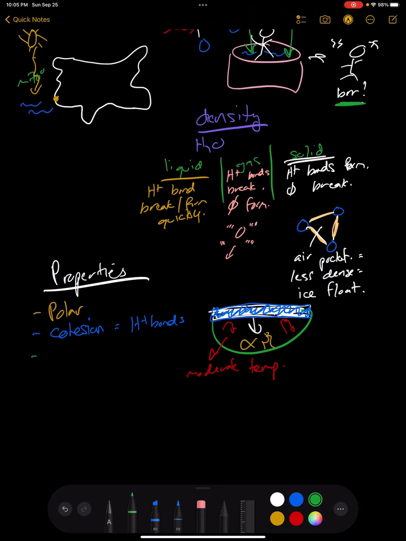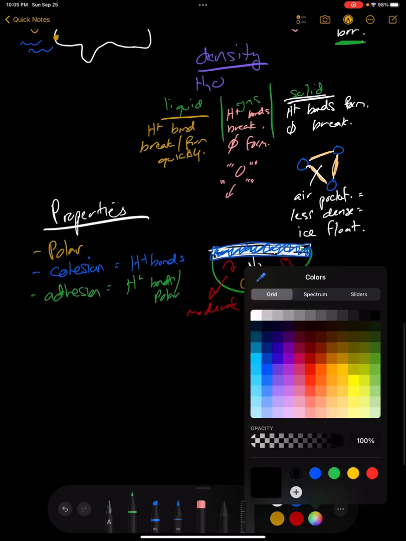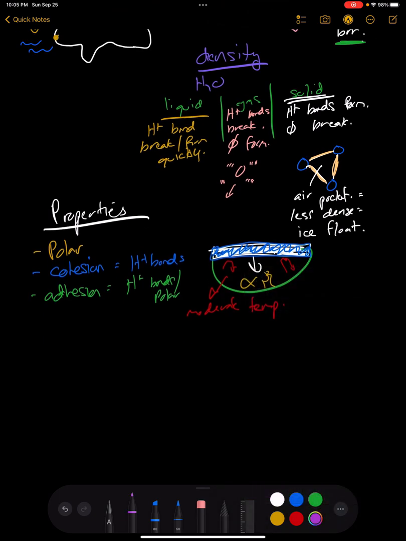If I look at adhesion, adhesion again is because of H bonds, and we can throw in polarity right there. Another water property was high specific heat. And the reason water can have high specific heat is because those hydrogen bonds can break back and forth really quickly, which is going to allow me to hold heat really well.